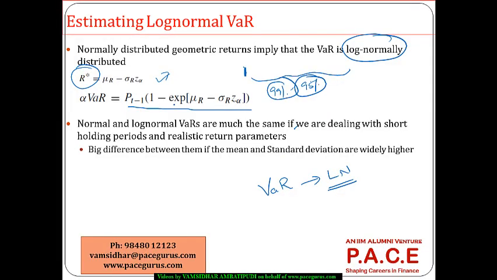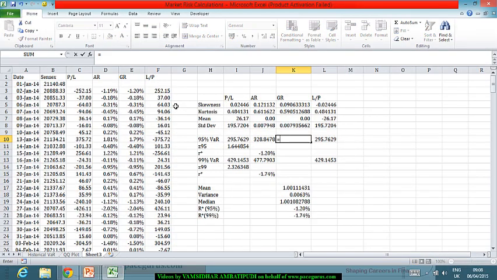1 minus e to the power of whatever R star we have found. So it comes out as 1 minus e to the power of whatever the R star that I have got.